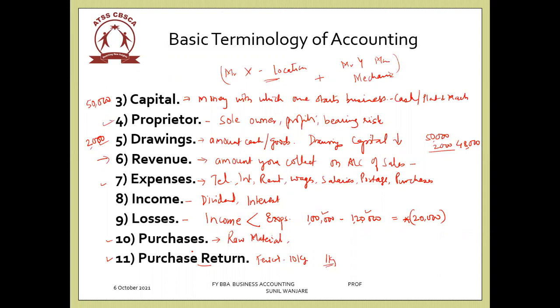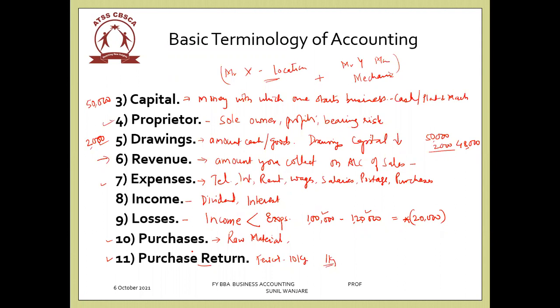So we return the material which we have purchased because he has sent us excess quantity, or I asked him to send blue and he sent me red, or I asked him to supply the material at 5 rupees and he's supplying it at 5 rupees 50 paise. I will not accept that. I will return it. I want the material at 5 rupees. It was already discussed and negotiated that he was supposed to supply at 5 rupees, but he's dispatching the material with an invoice of 5 rupees 50 paise.